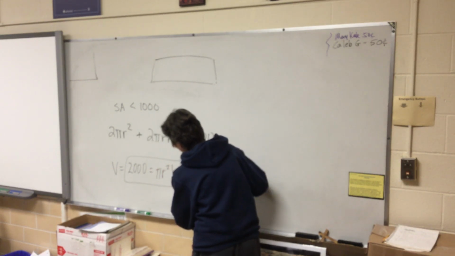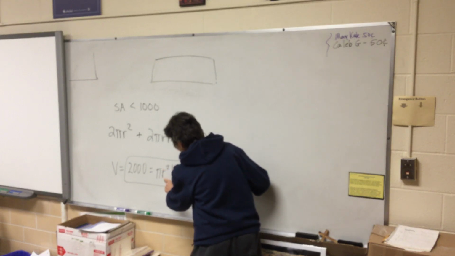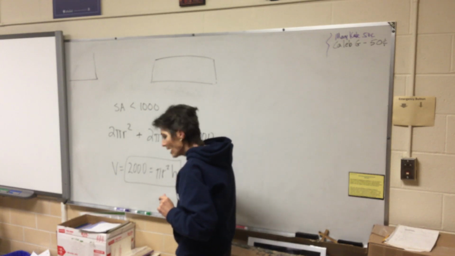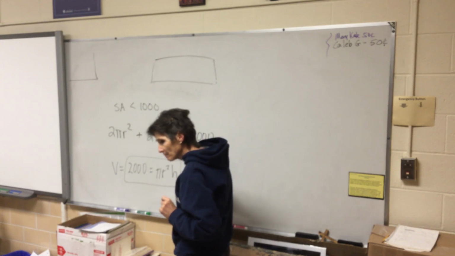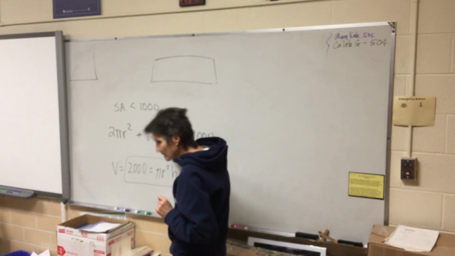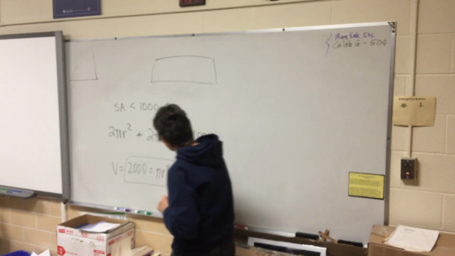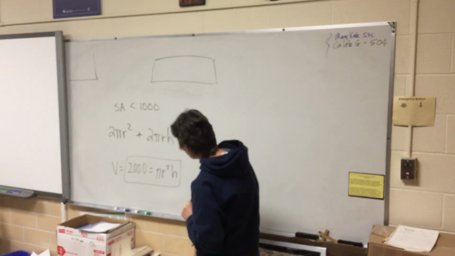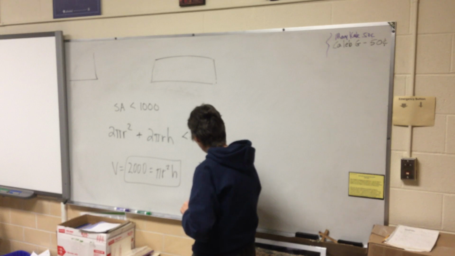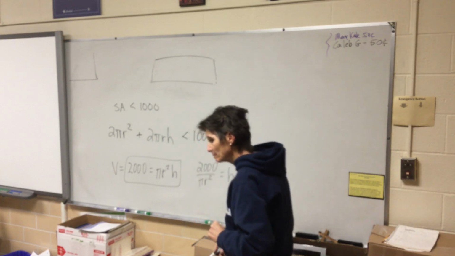Because I know that pi r squared h is 2,000, can I figure out an expression for h that I could then substitute in here? Yep. So here we go. I'm going to divide both sides by pi r squared. So 2,000 divided by pi r squared is the height.